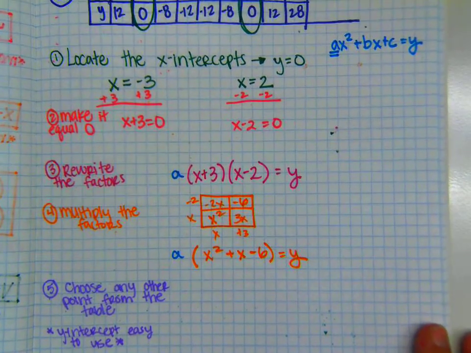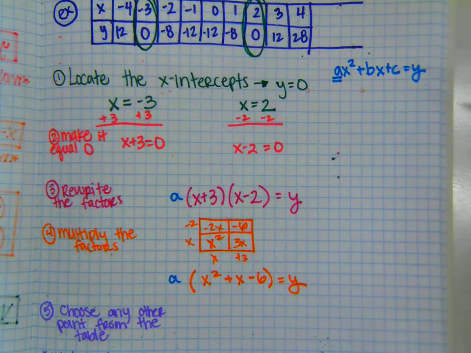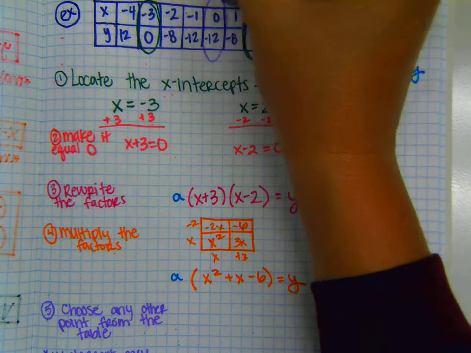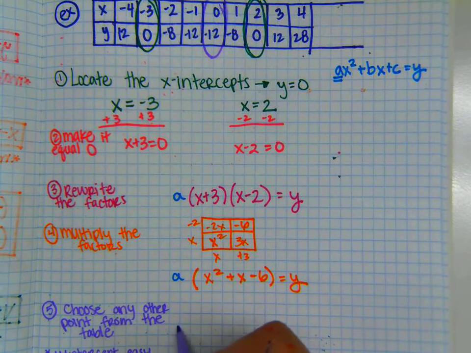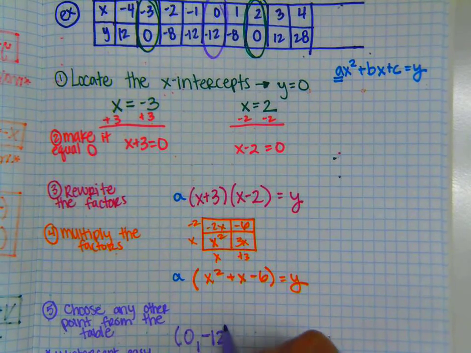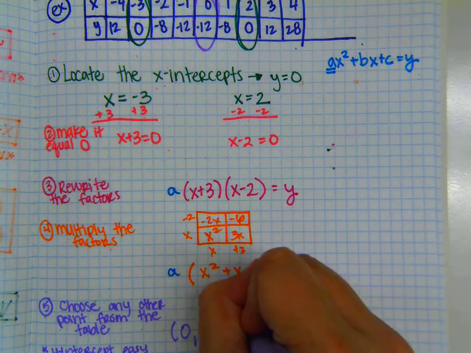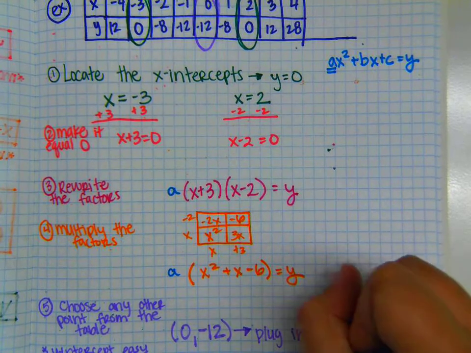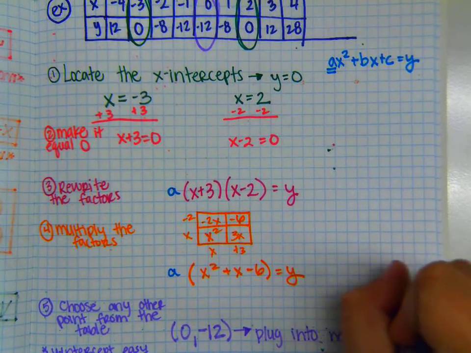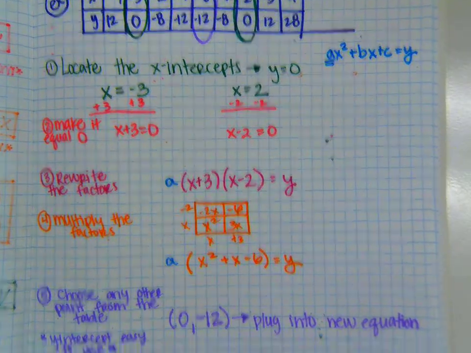So looking at our table, our y-intercept would be what? Our y-intercept is right here at 0, -12. Okay, that's our y-intercept. And you're going to plug this into the equation that we've built so far. This is where we're going to plug it in.